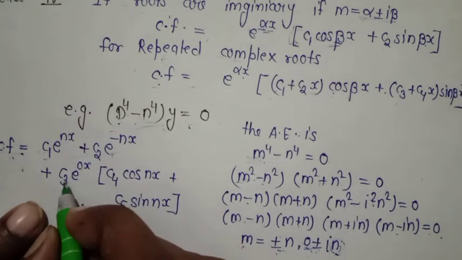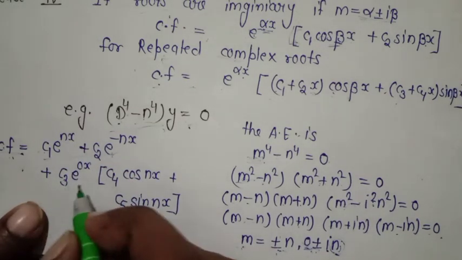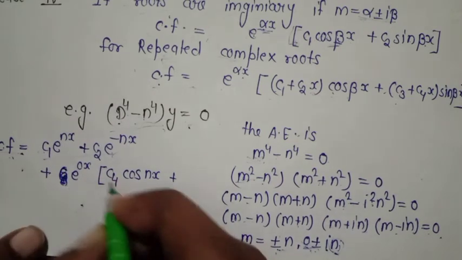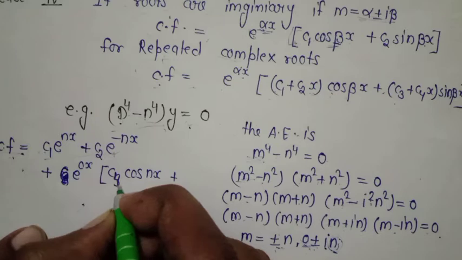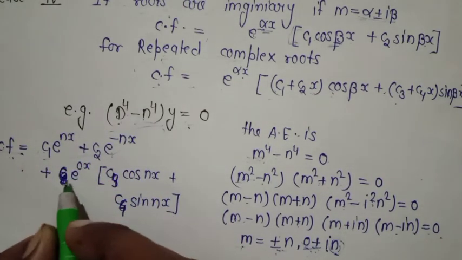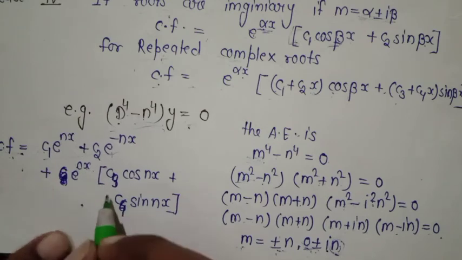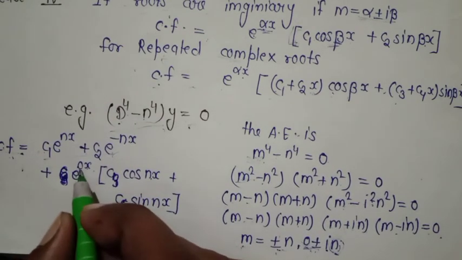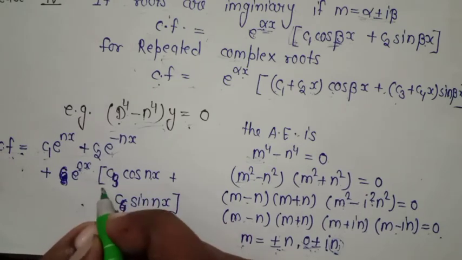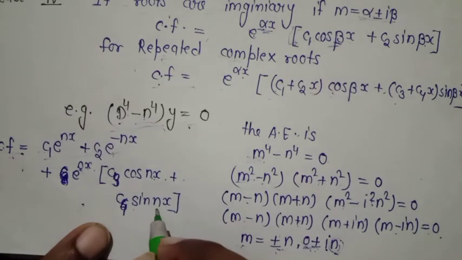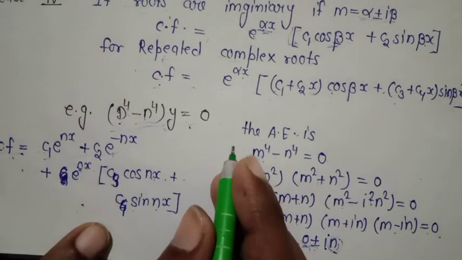So we will put it here. I will take C3 here and C4 here. So you can see that e raised to power 0 into x into C3 cos nx, because our real part was 0. So I am taking it here as 0. C3 cos nx plus C4 sin nx. So this is the CF for this differential equation.